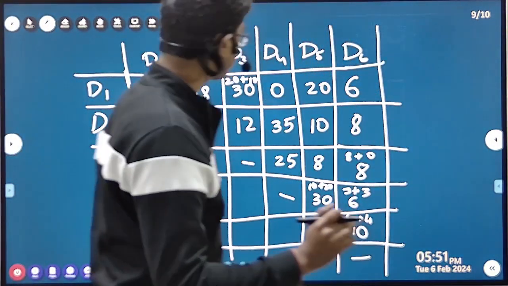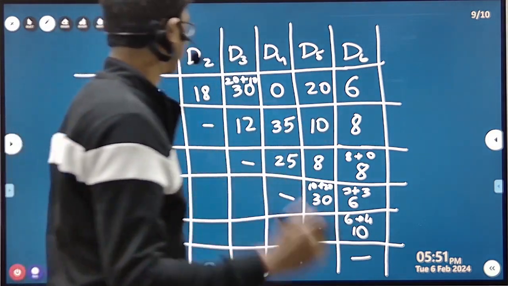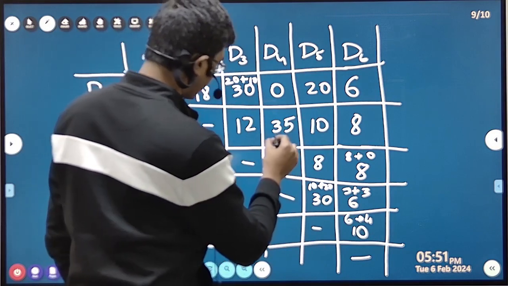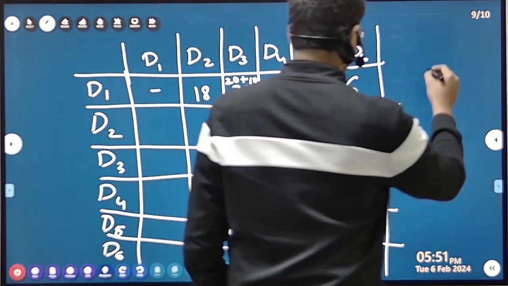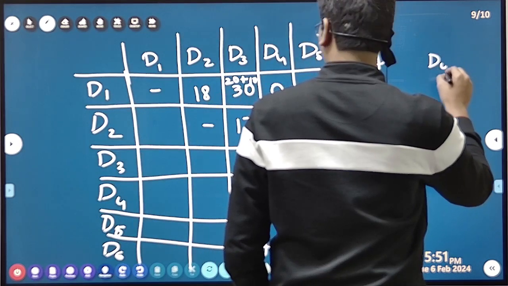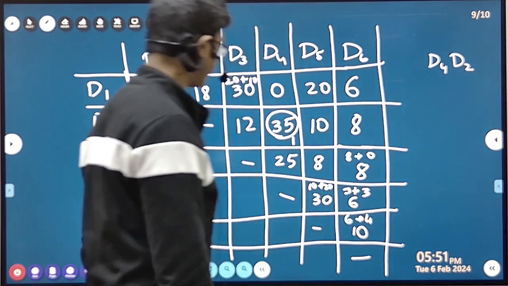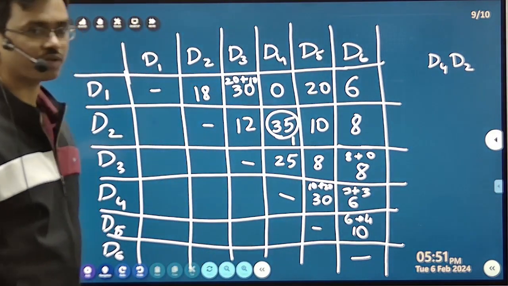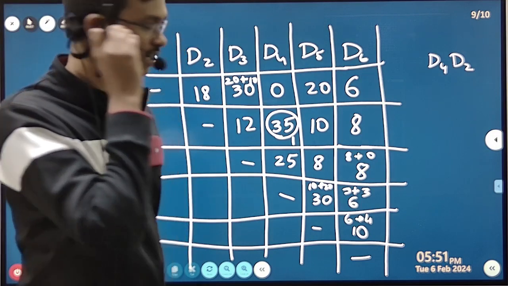The minimum distance would be 1 because we can place them adjacent to each other, right? So we can just rank. This is the highest. So we can see that D4 and D2, if we place them adjacent to each other, will have the least cost, right?